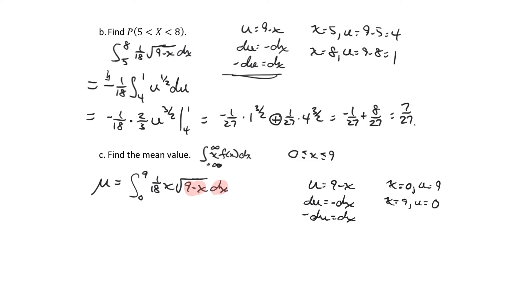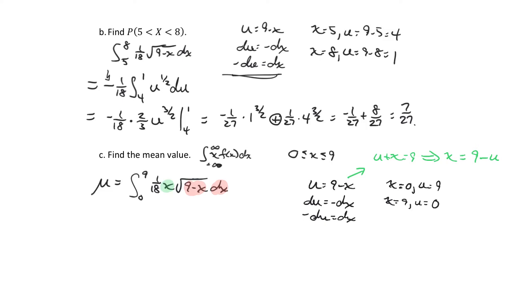What to do with the x that's out front? We're going to take u equals 9 minus x and rewrite it by adding x to both sides and subtracting u from both sides. So x is going to be 9 minus u.